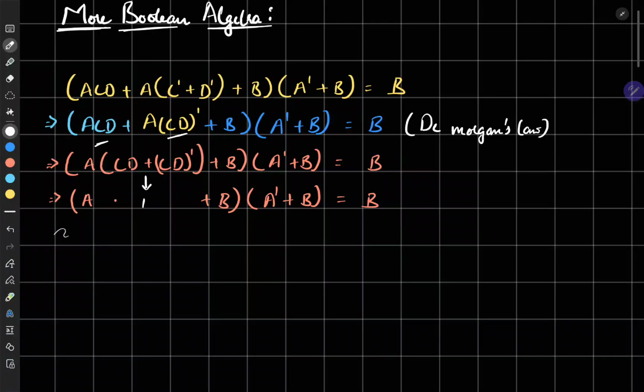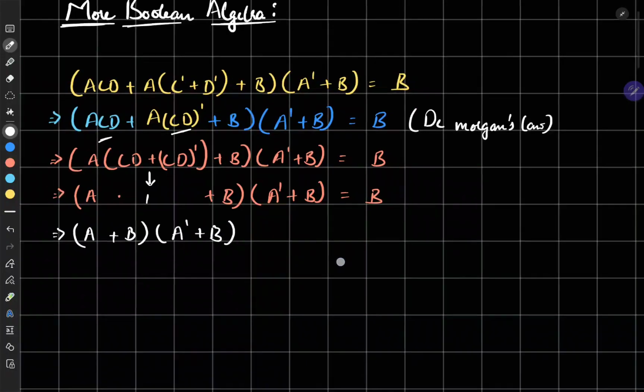All right. Now for the fun part. So now we have a more convoluted equation, right? We have A plus B, and then we have that multiplied with an A naught and a B, right?